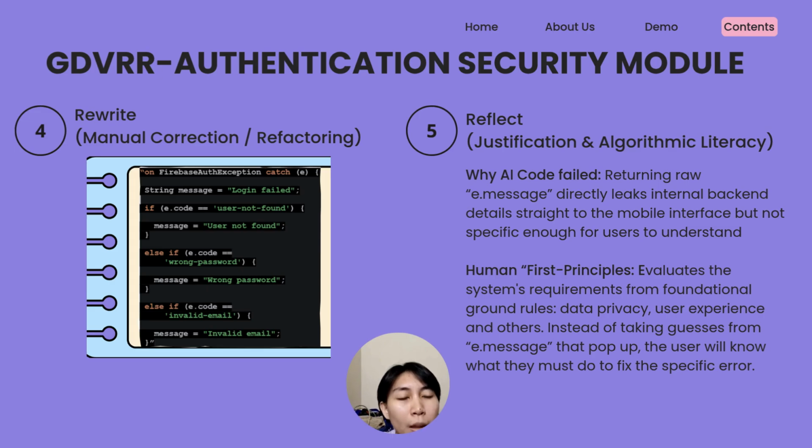Human first principles evaluate the system's requirements from foundational ground rules, from multiple perspectives like data privacy, user experience, and others. Instead of taking guesses from the e.message that pops up, the user will know what they must do to fix the specific error. Okay, thank you.